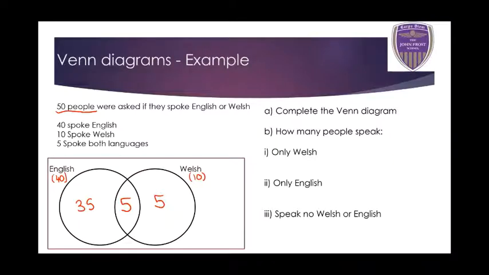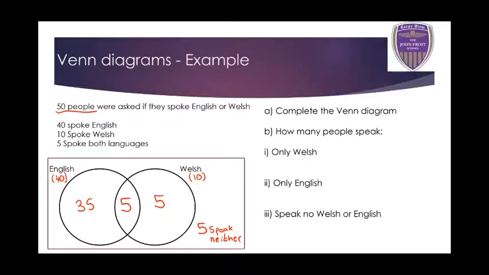Either it means we've made a mistake, but we haven't. So that must mean that there are an extra 5 people outside the diagram who speak neither language, okay? Now if you add up all the numbers, 35 plus 5 plus 5 plus 5, that equals 50. So now we've accounted for 50 people in this question, okay?